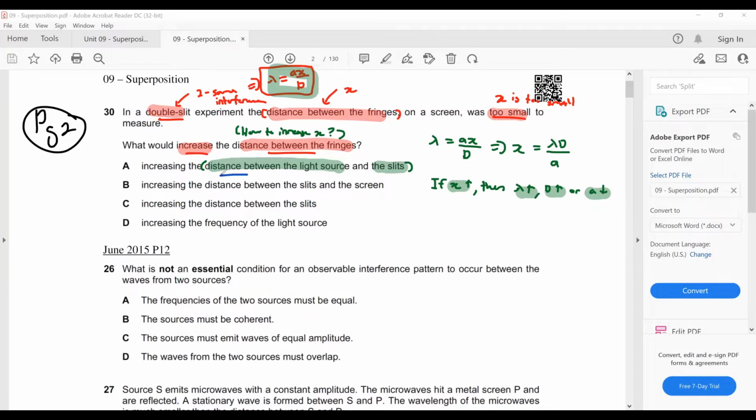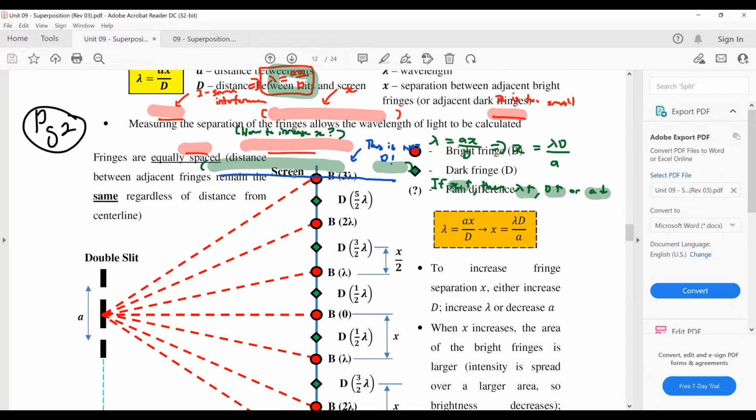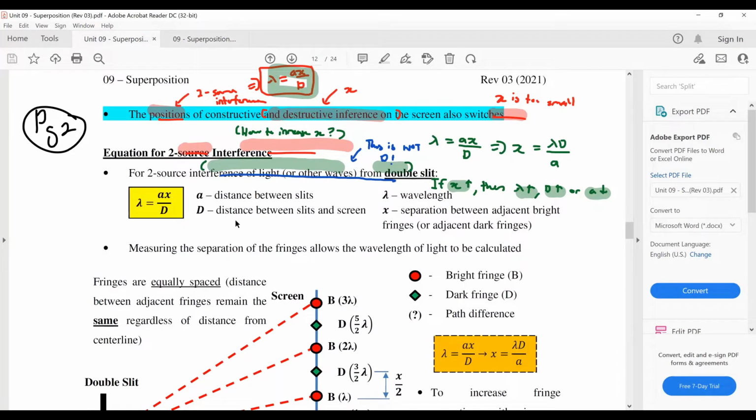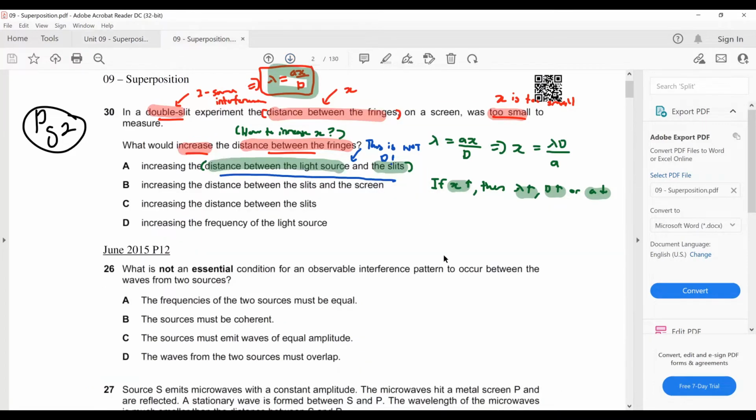Distance between light source and slits is not D. A lot of times people mistake this as D. If you look back at page 12 of your notes, capital D is referring to the distance between the slits and the screen.